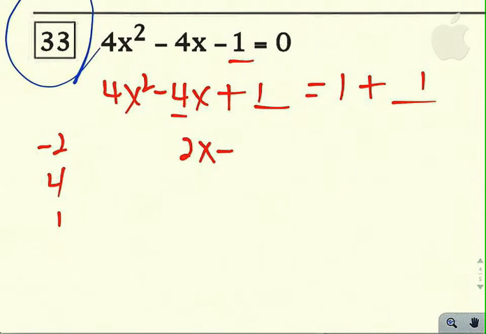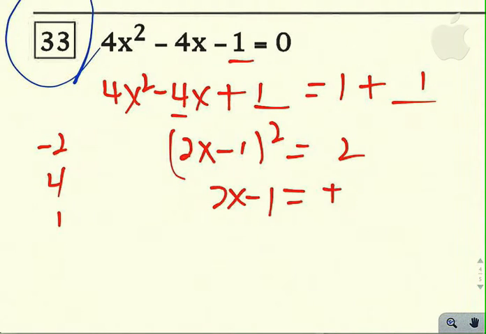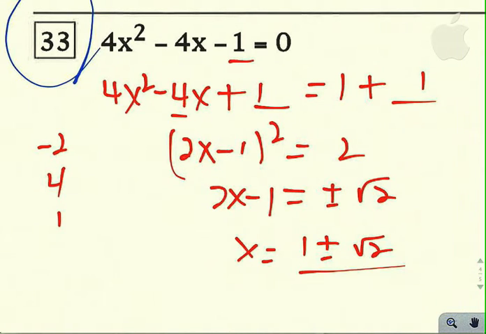So the left side is 2x minus 1 quantity squared. The right side is 2. So 2x minus 1 is plus or minus the square root of 2. So x would equal 1 plus or minus the square root of 2 all over 2.